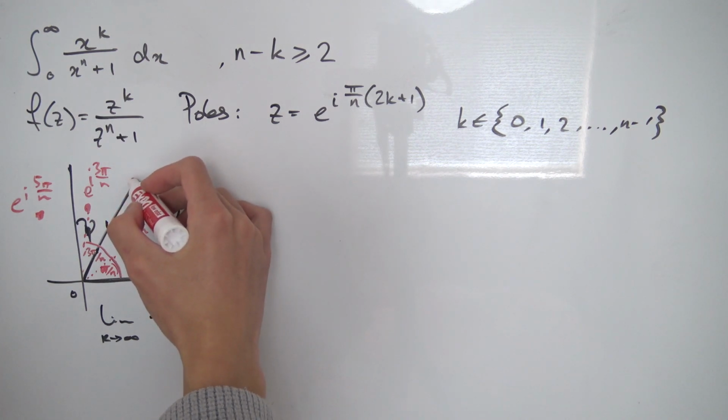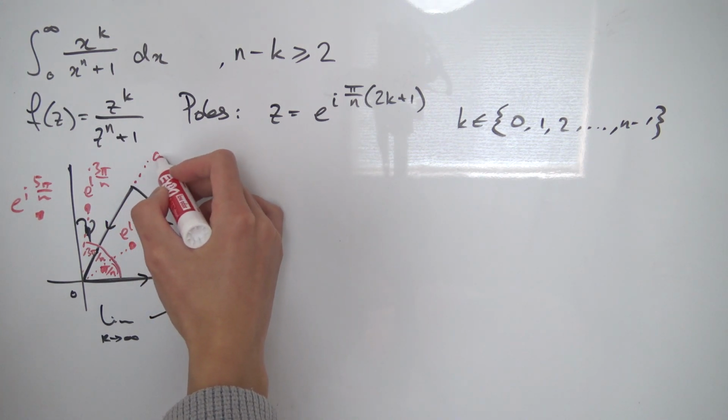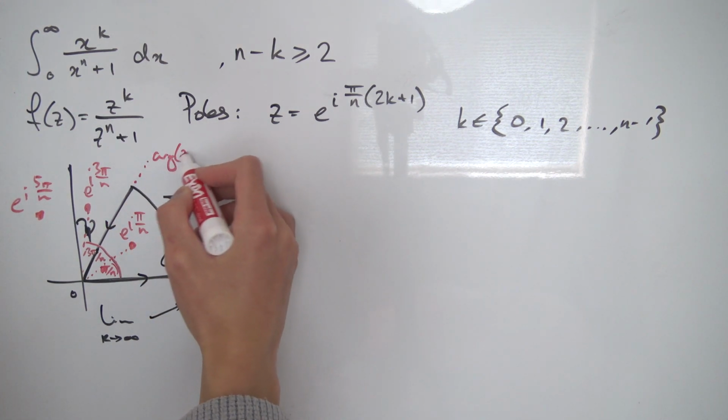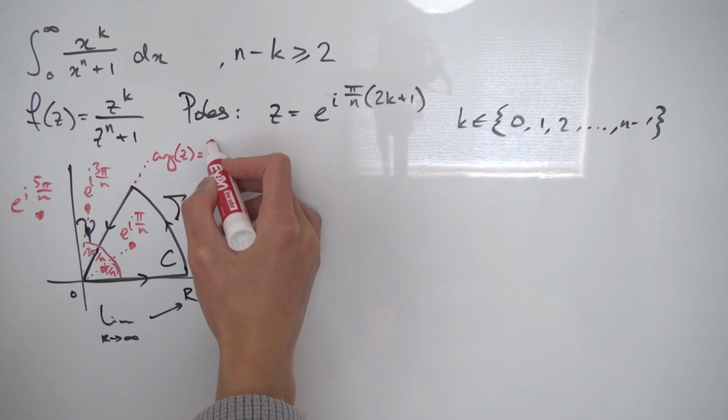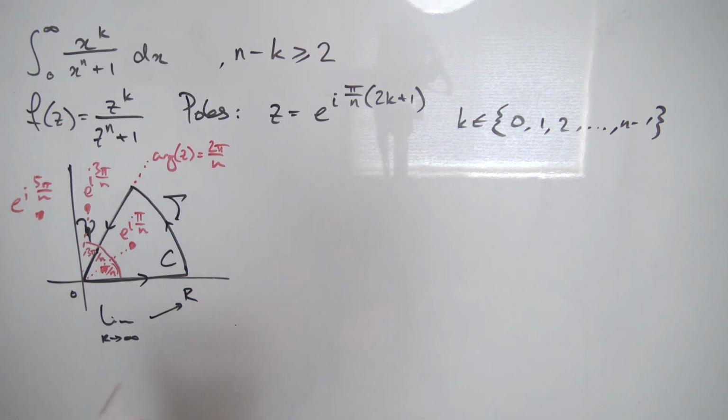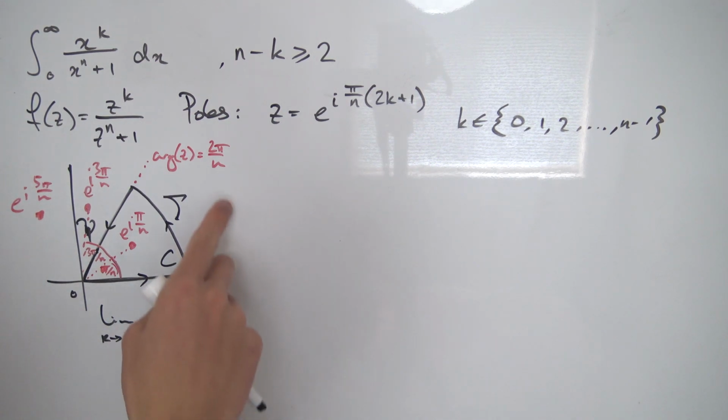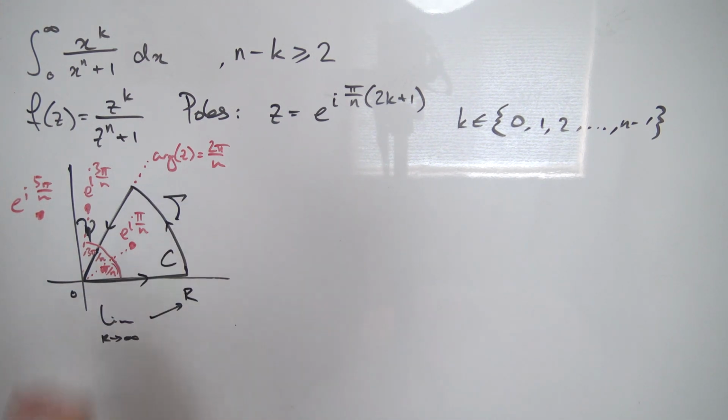You can think about this path as being part of the set arg z equals 2 pi over n, like so. And the reason why we choose this particular definition is it just makes the calculations in our integrals work out a little bit nicer.